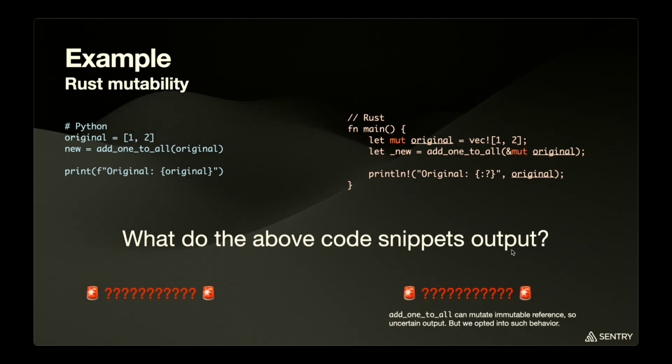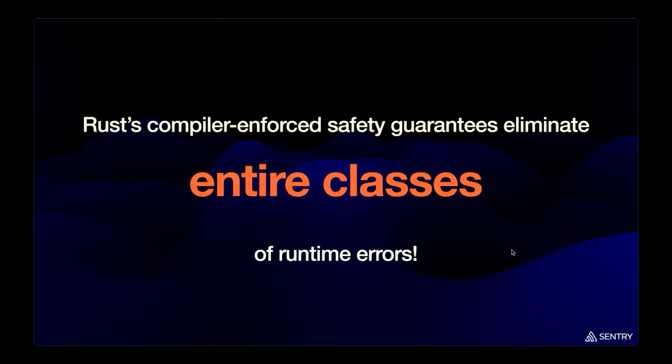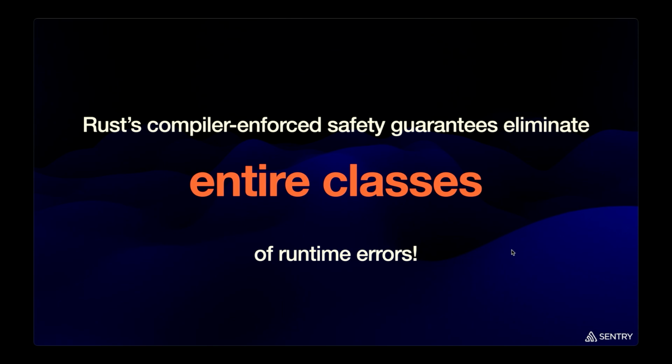What I wanted to show here is if you make it mutable, you have to do that with this mut keyword. And now afterwards, we don't know what it prints, but we also opted into this behavior of having it be a mutable variable. So basically my point here is Rust can eliminate entire classes of runtime bugs in the case of mutability.